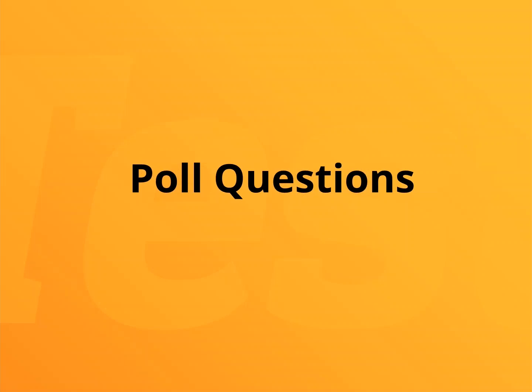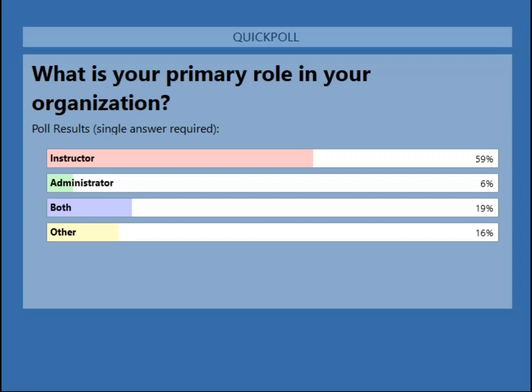All right, are we getting good responses? Everyone's responses coming in? And on that first question, it says, what is your primary role? And on your screen, you'll see most of you, 60% are instructors. We have some administration, 20% of you about are both, and then some others.